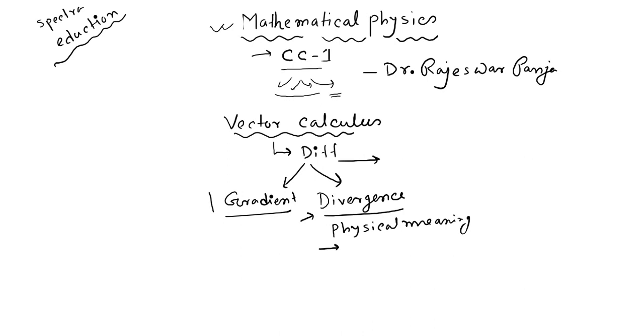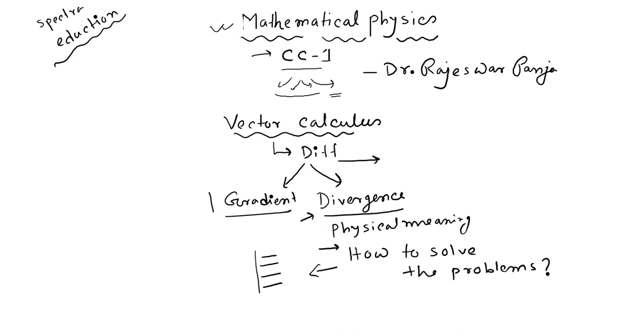In this video lecture I will discuss how to solve problems. Basically I will discuss the steps, and following these steps we will be able to solve any problem regarding divergence.